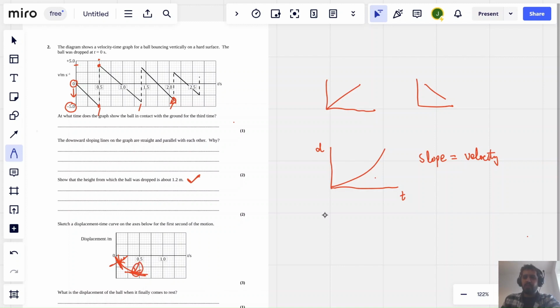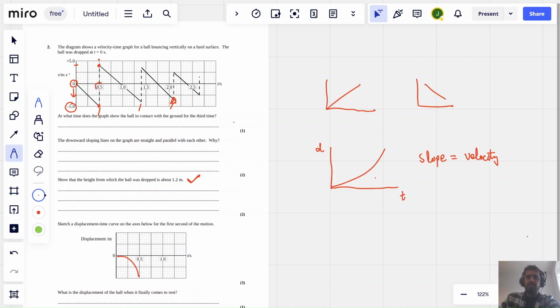Because as the ball starts falling, the more it falls down, the more velocity it gains. So this is the second point you need to understand: when something is falling down, the displacement time graph is not a curved line going like a slide. It is actually something like this.